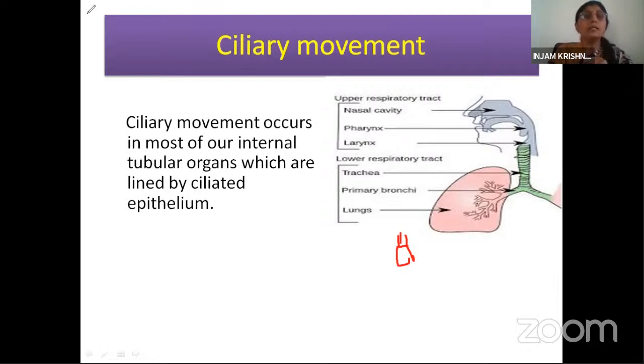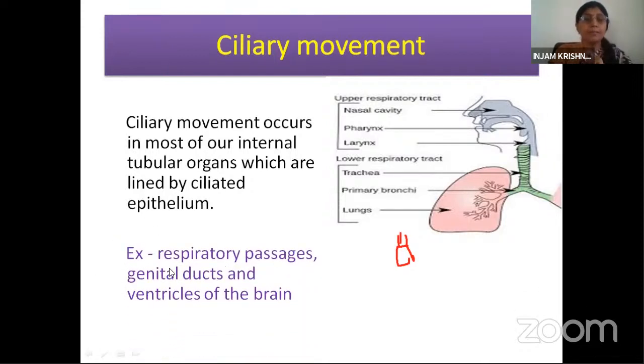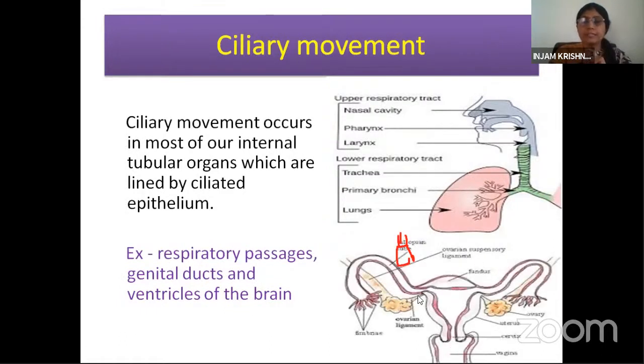And in other systems also we have the ciliated epithelium, that is, genital ducts and ventricles of the brain. See, this is the ovary. These are fallopian tubes. Just recall this diagram, you already know it. This ovary releases the ovum or eggs.